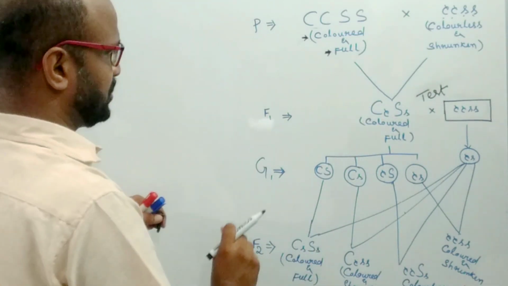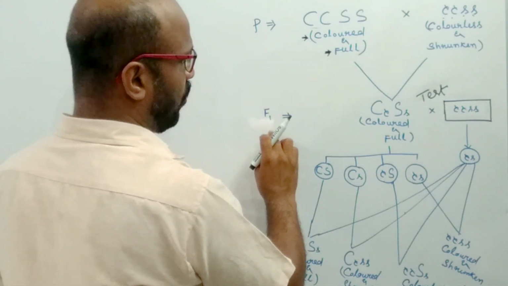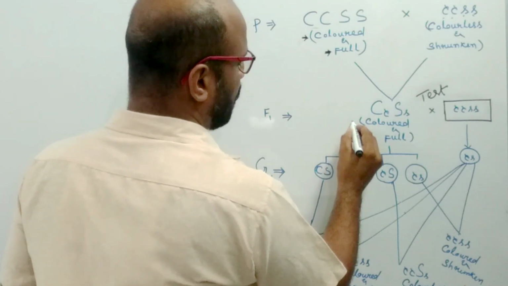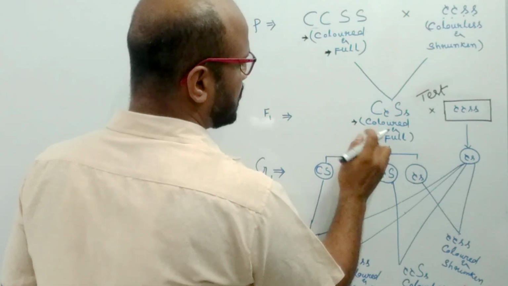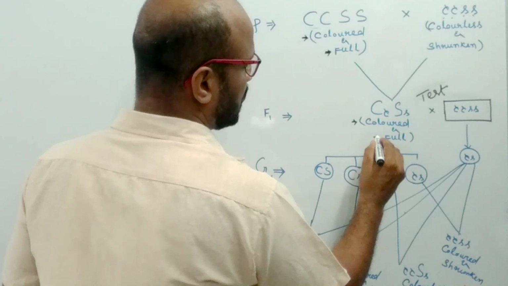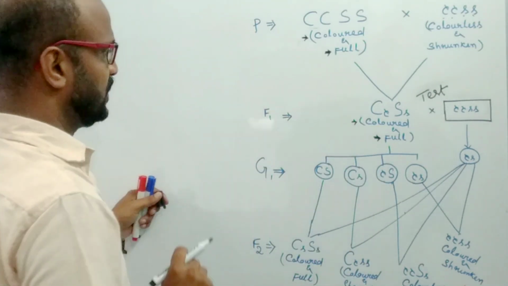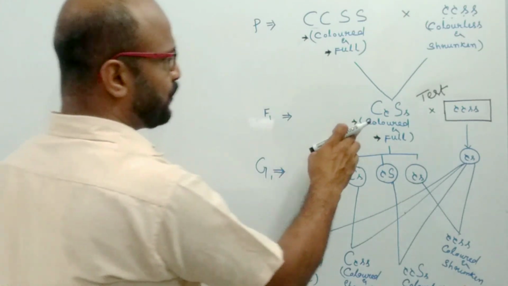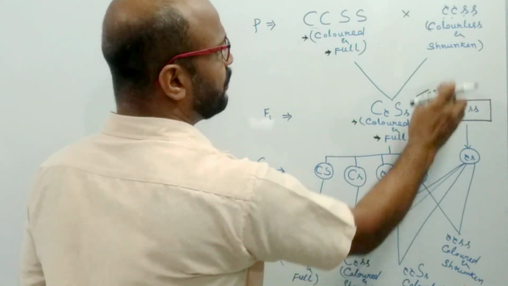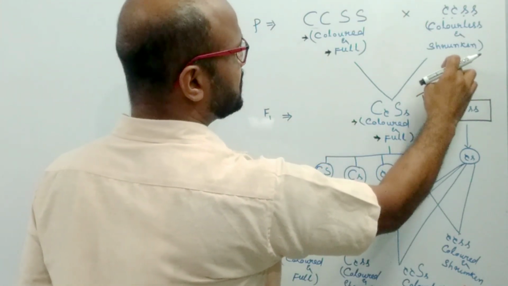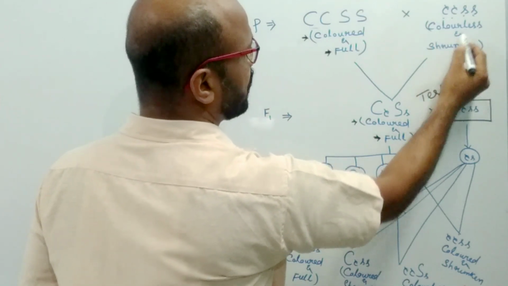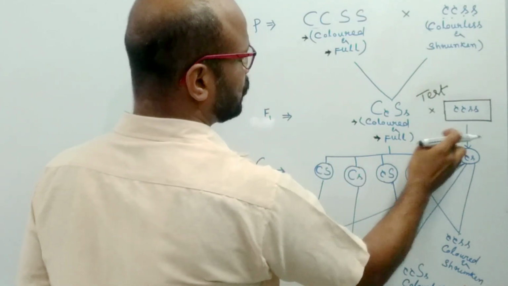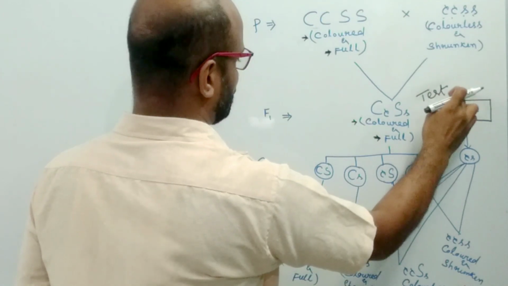In the F1 generation, after crossing, he got all offspring having colored and full seed. He then did a test cross between the F1 offspring and the double recessive parent, which is colorless and shrunken, and such a cross is known as the test cross.